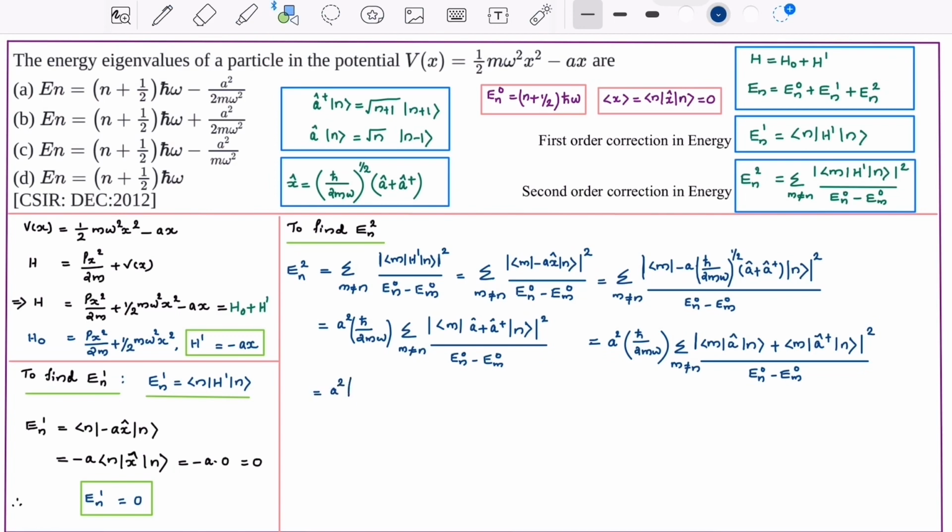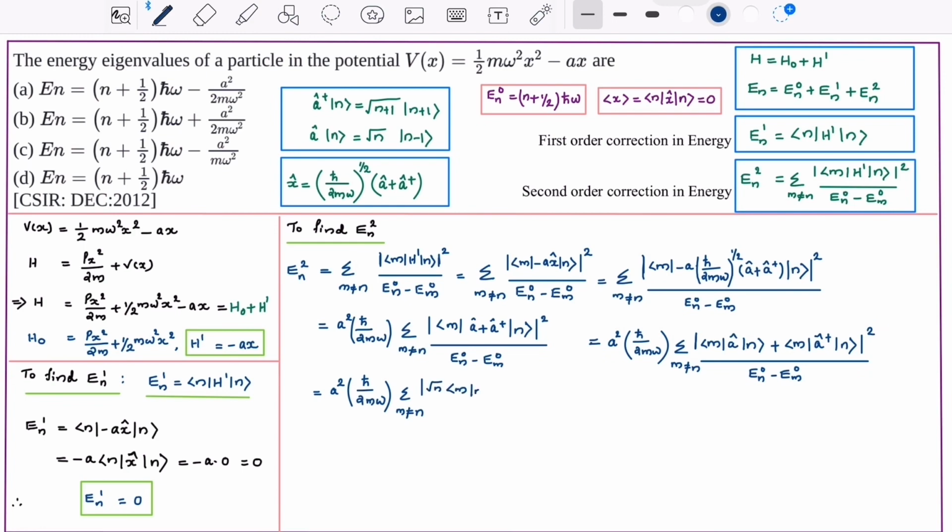Now this is equal to a square h bar by 2m omega, then the sum over m not equal to n, modulus. Now let us see what happens when a operates on n. When a acts on n, you will get root n times the state n minus 1.